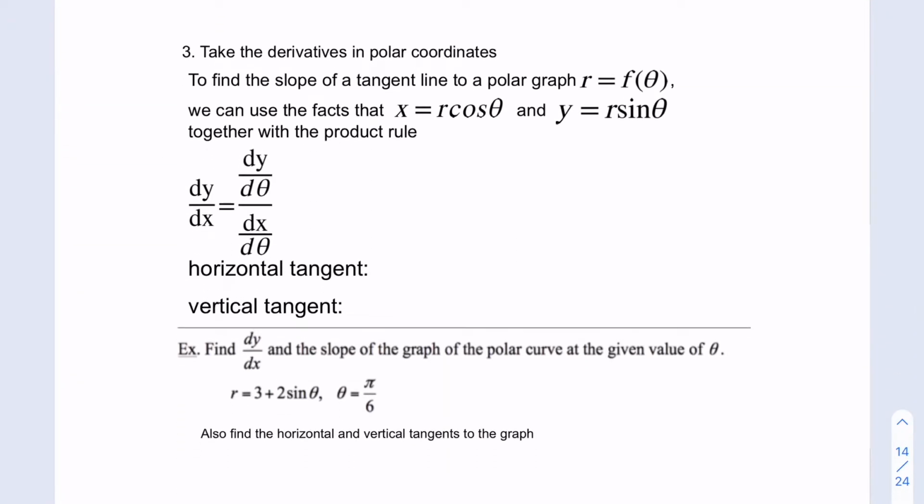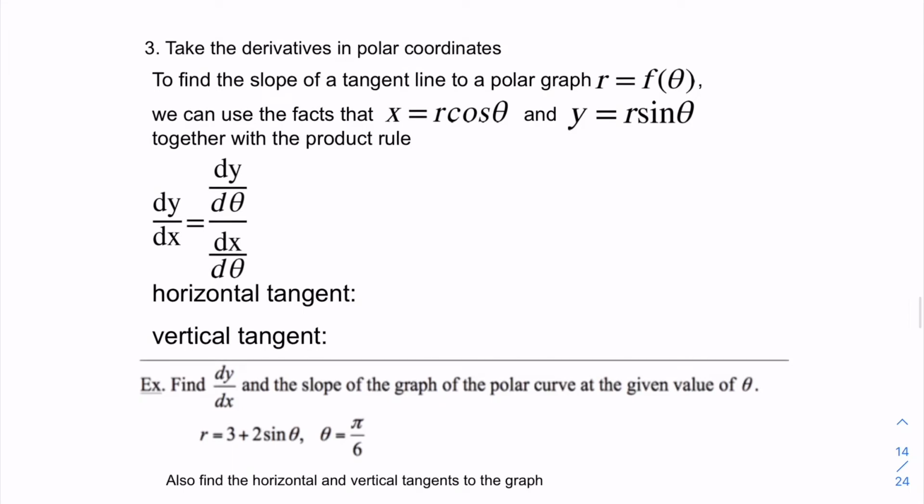So let's have a look at how we take derivatives in polar coordinates. To find the slope of a tangent line to a polar graph, r equals a function of theta, first we change r and theta into x and y. So x equals r cosine theta, y equals r sine theta. Both x and y are functions of theta here. So dy over dx, based on parametric equations, will be dy over d theta divided by dx over d theta.